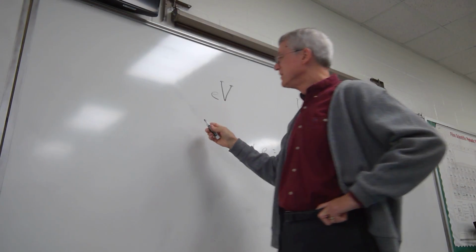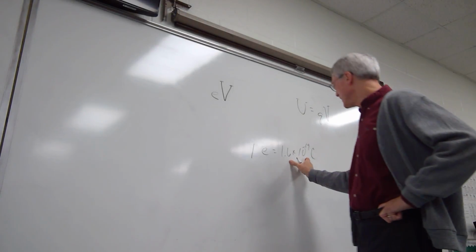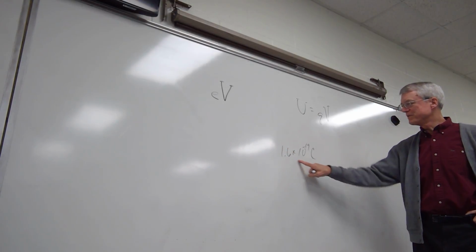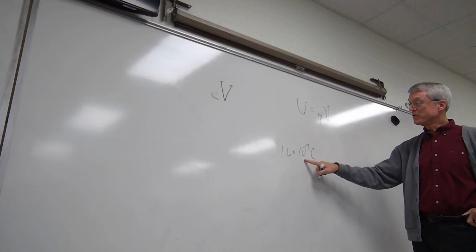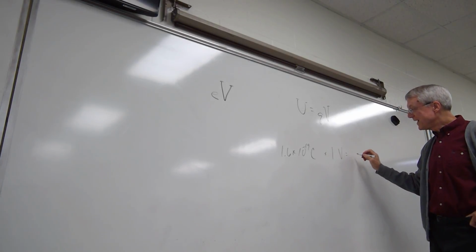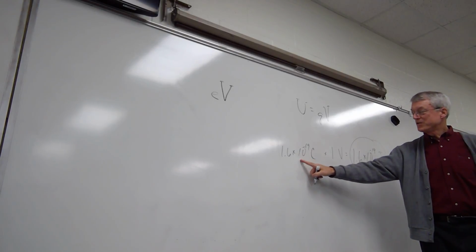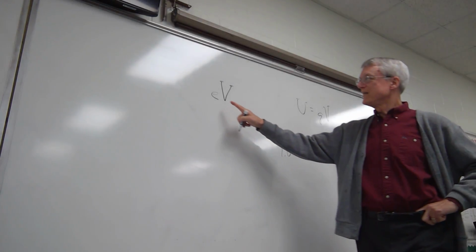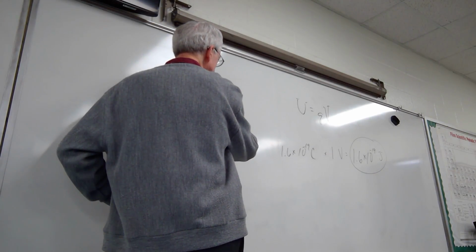So if something has this many coulombs of charge, like a proton does, an electron does as well, and let's say it's a proton though, so it's positive, and it has a potential of 1 volt, then that of course would be 1.6 times 10 to the negative 19th joules of energy, if you take Q times V. Well, that's joules, that's the SI unit, but if you were using electron volts, you would say, well, that's equal to 1 electron, and that's 1 volt.